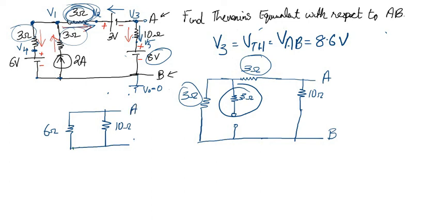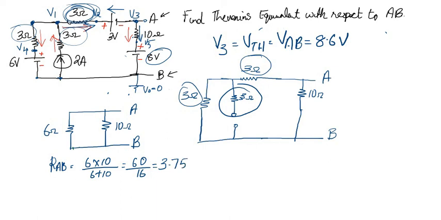From this diagram, we can understand that 6 and 10 are in parallel. So RAB is equal to the parallel combination of 6 and 10, that is 6 into 10 by 6 plus 10, that is 60 by 16, which is approximately equal to 3.75 ohm.